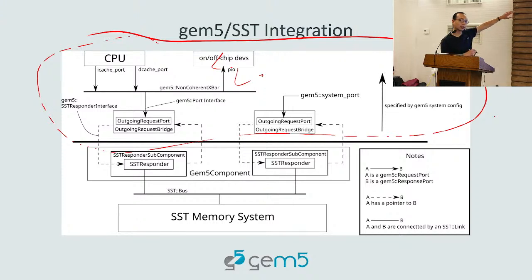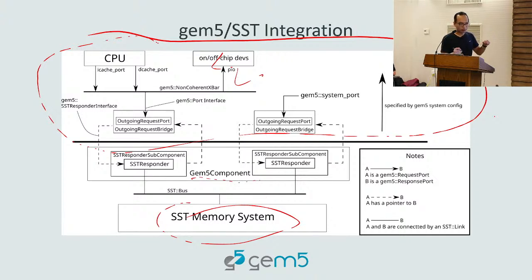So this is the whole gem5 stuff that lives within SST. Everything about the Arithmetic light over there is within gem5, and then we have the SST memory system, which is connected to a gem5 component.